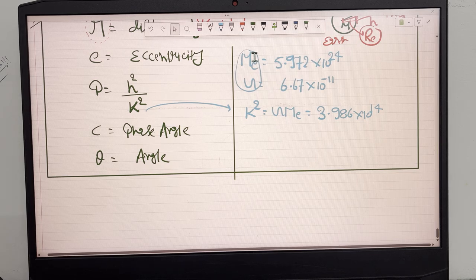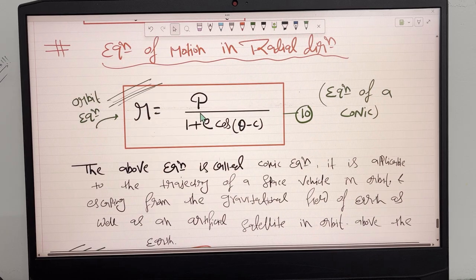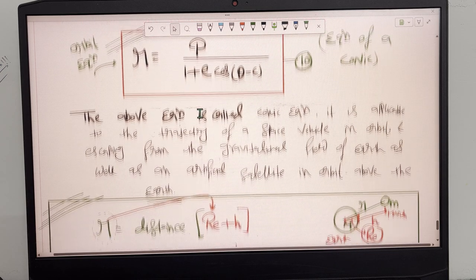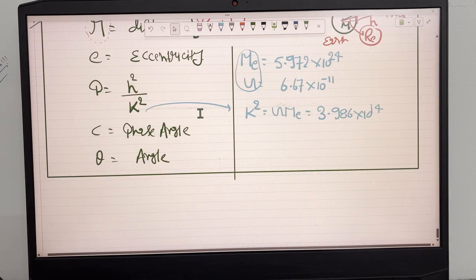Now let me take this equation again. Till here completed. Fine, 50 minutes is done. Then let me take another 20 minutes.